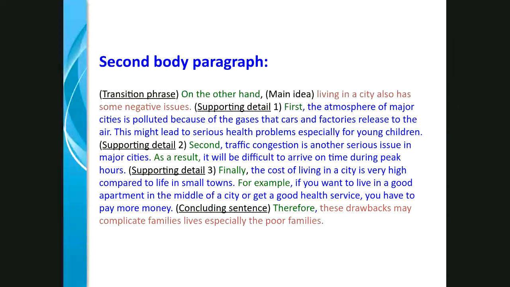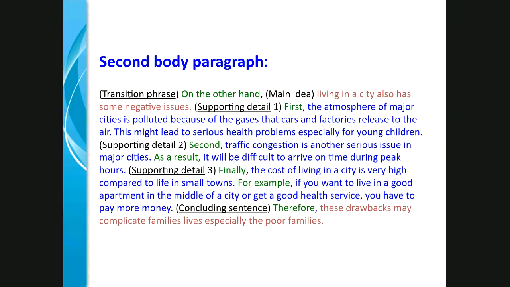Okay? Because of the gases that cars and factories release. تبعث release to the air. Okay, this is a bit long sentence, a complex sentence, okay? And as I've told you before, if you are unable to write good sentences and long sentences, it's a good way to start learning how to write compound and complex sentences. Okay?